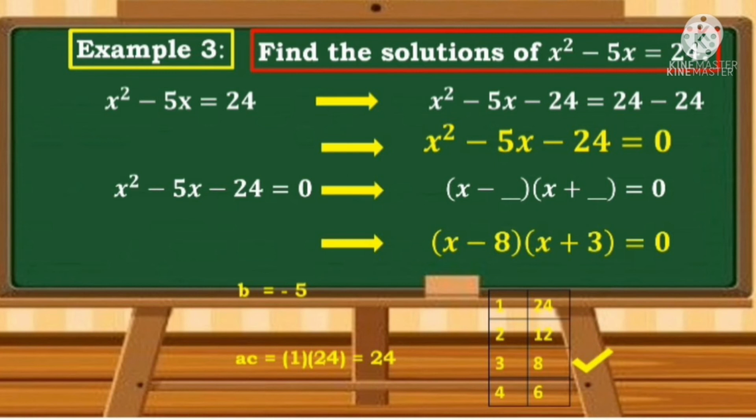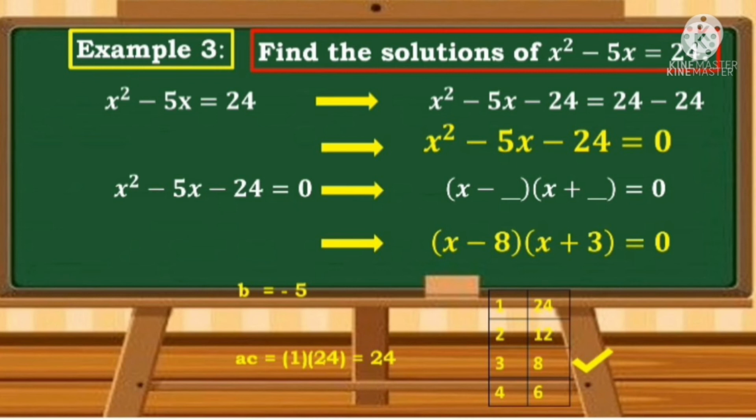Since the sign of the middle term is negative and the last term is negative, the signs of our factors are negative and positive. And since the sign of the middle term is negative, the higher factor will be negative. So find the value of b, which is negative 5. Get the product of a and c, which is 1 and 24, so the product is 24.